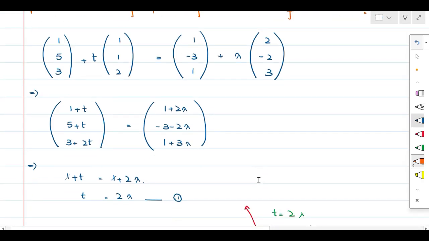Okay, so you can put 1 plus t, 5 plus t, 3 plus 2t, or you can put the values in this equation, right?